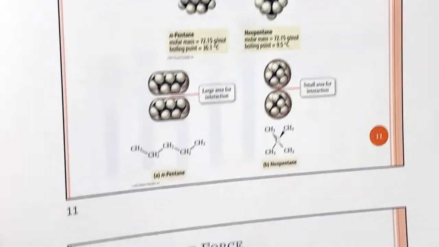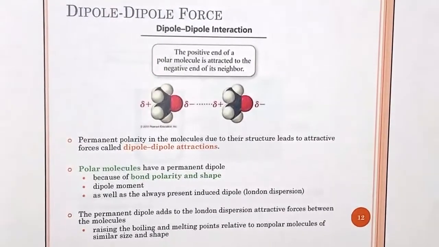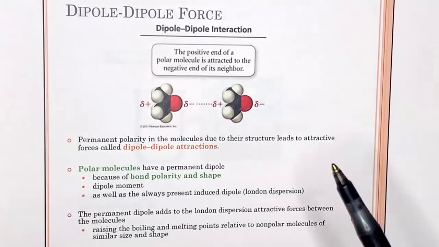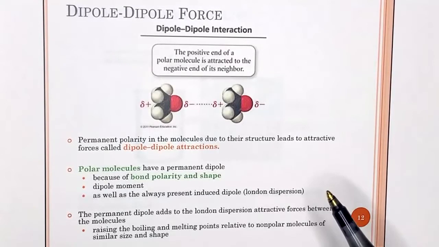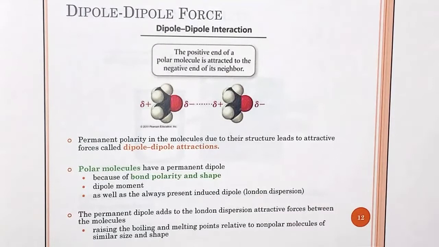Okay, now the next force that we want to talk about is called the dipole-dipole force. The difference between dipole-dipole and London dispersion is that dipole-dipole has a permanent dipole on the molecule. Before this, London dispersion was just a split-second induced dipole, and then it disappears.